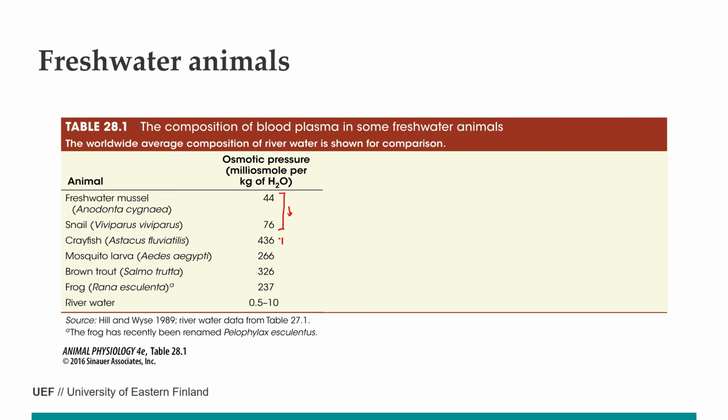Then the crayfish has a high one, and then mosquito larvae, brown trout, frog, etc. They have pretty normal, so 300, 200 milliosmoles per kilogram. But in any case, the environment is hyperosmotic.